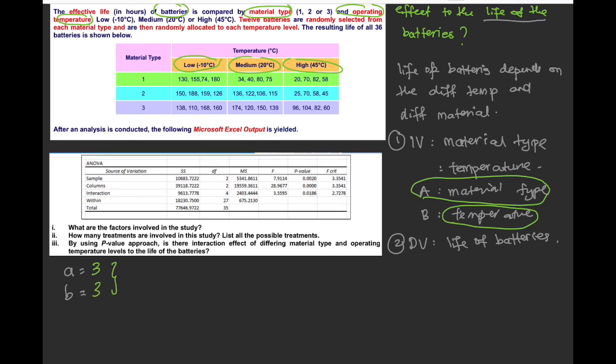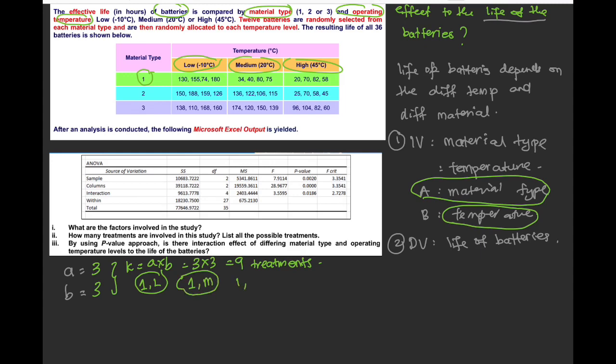So from here we can get treatment. k is equal to a times b. So 3 times 3 equals 9. So you will have 9 treatments. What are the 9 treatments? Material type 1, temperature low. Material type 1, temperature medium.